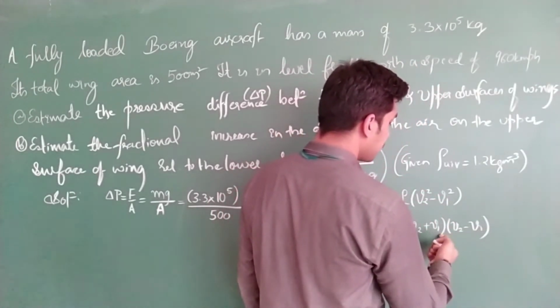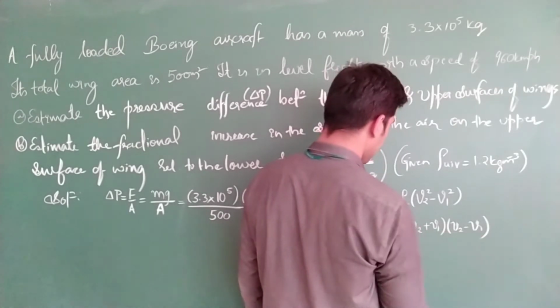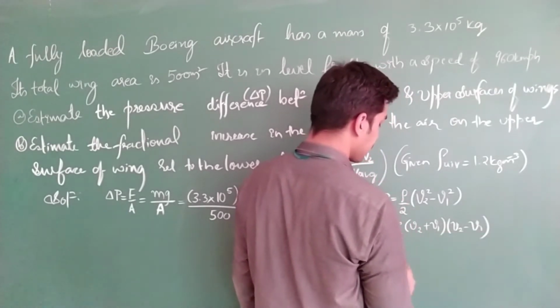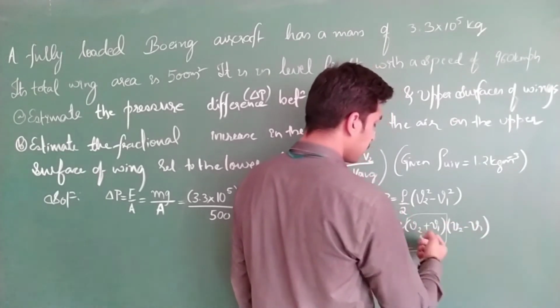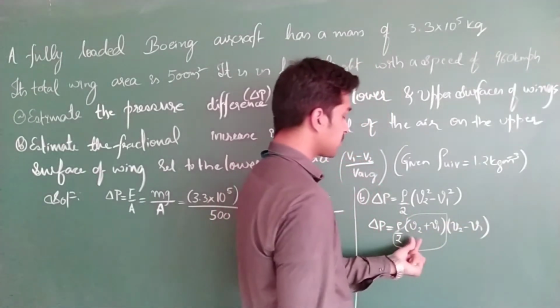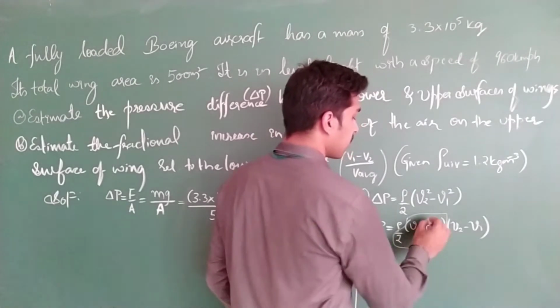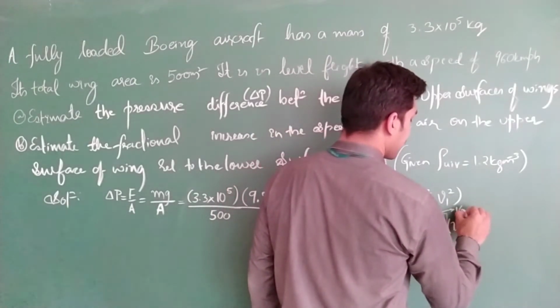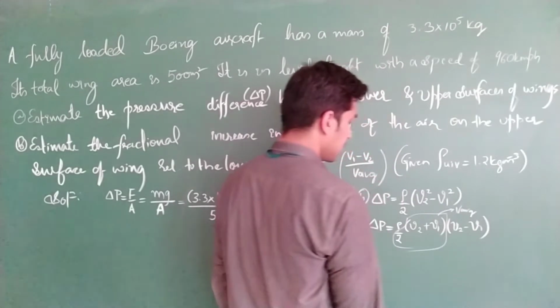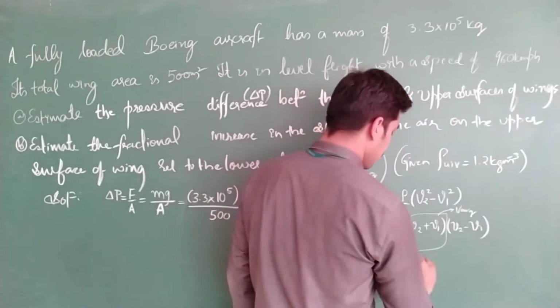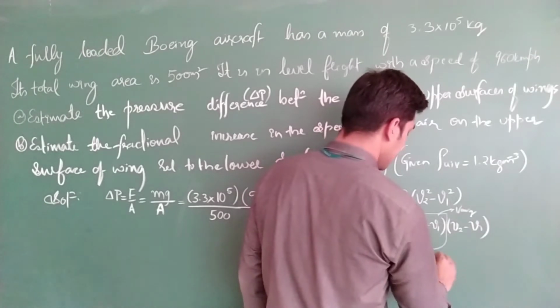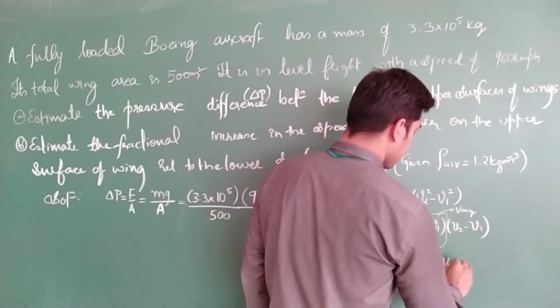Basically, V2 plus V1 into V2 minus V1 into delta P. This V2 plus V1 by 2 is almost equal to V1 plus V2 divided by 2, which is nothing but V average. So delta P is equal to rho V average into V2 minus V1.